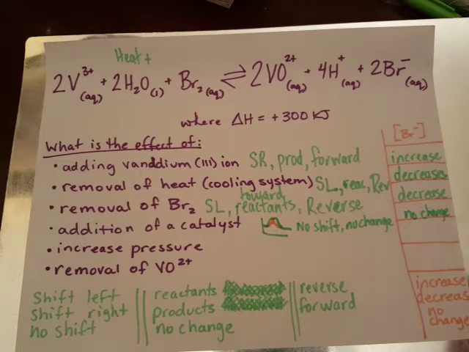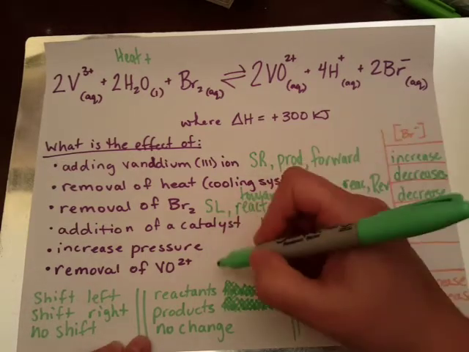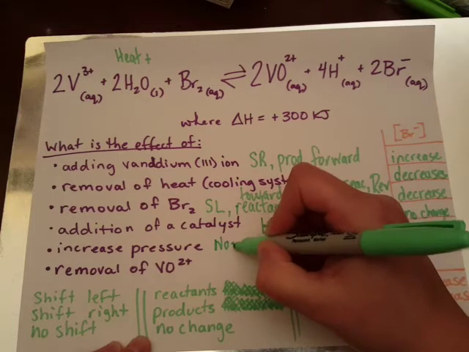Pressure is not going to have an effect on solid, liquid, or aqueous reactants or products. That's only going to have an effect on gases. So straight away, an increase in pressure in this one, this is a trap. No change, no shift.